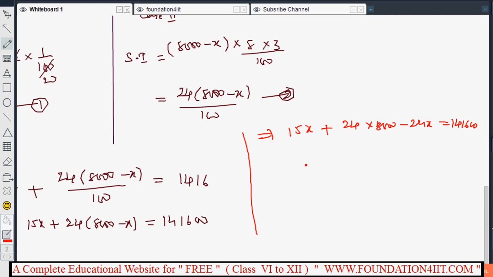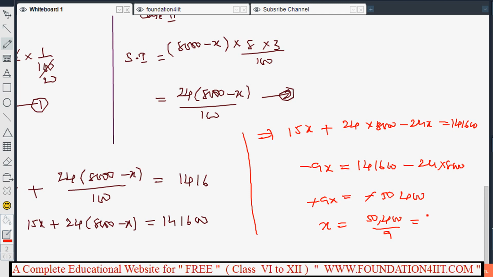So from this you'll get minus 9x, and take this and subtract the value. 141600 minus 24 into 8,000, after multiplying and subtracting, is minus 50,400. The minus cancels. x is equal to 50,400 by 9. Cancelling this, the 9 table, 5,600. That is the x value. So one part is x, 5,600. Then the second part is 8,000 minus 5,600, so the second part is 2,400.